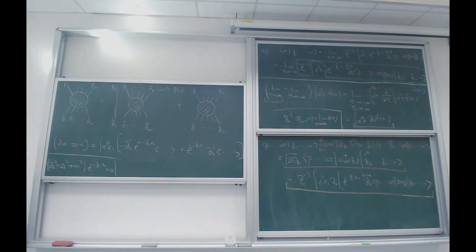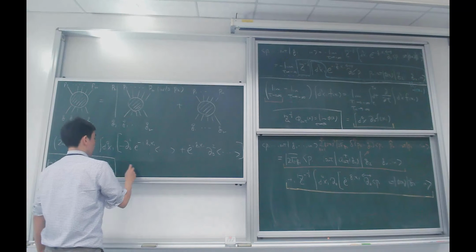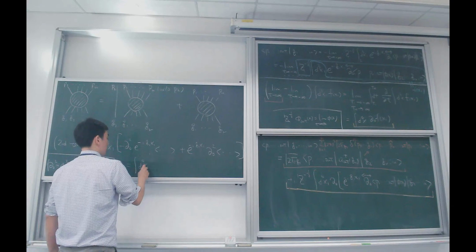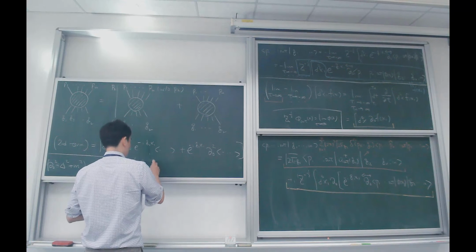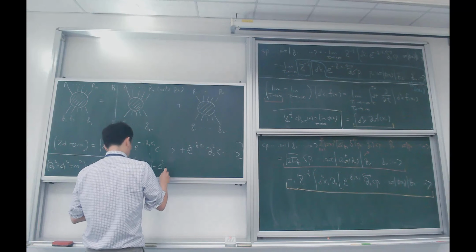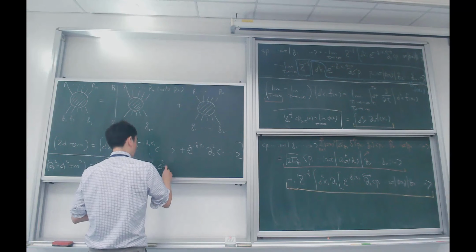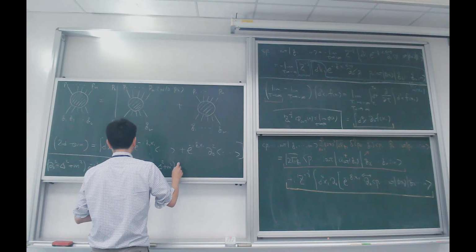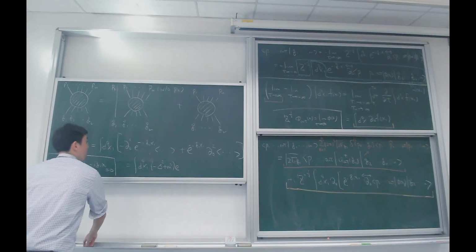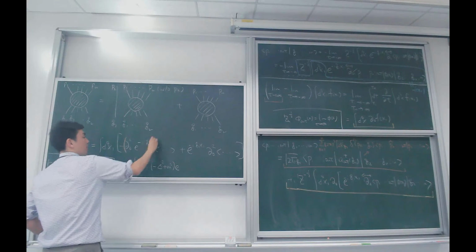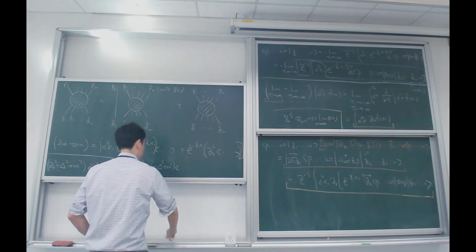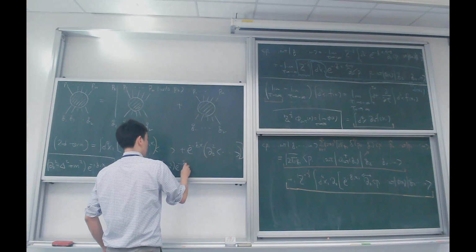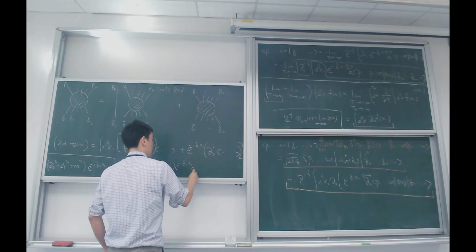Sorry, minus sign. Then if you apply this one, this is equal to d4 x1 and then nabla squared plus m squared acting on e to the minus i q1 dot x1.